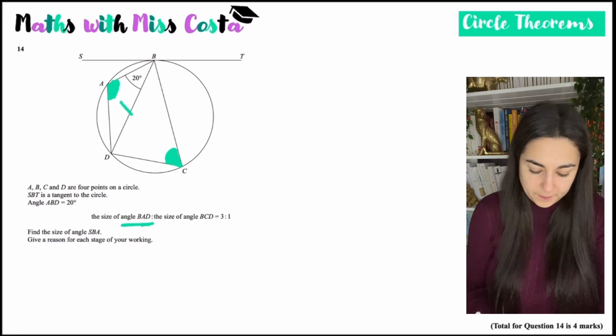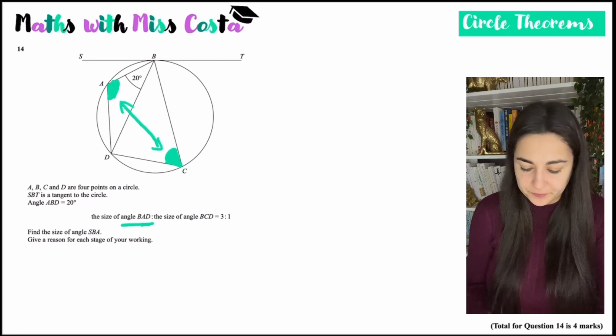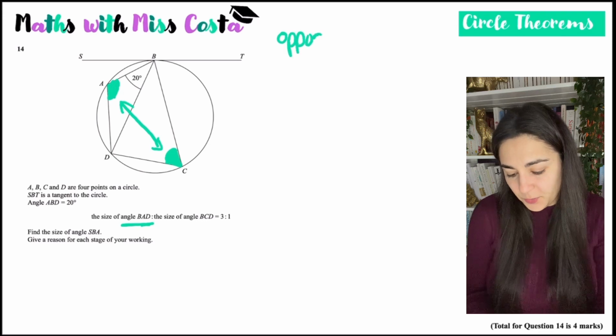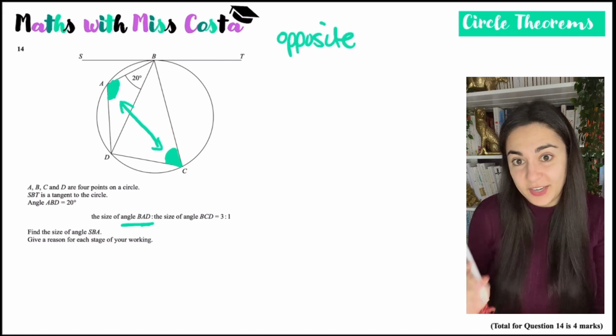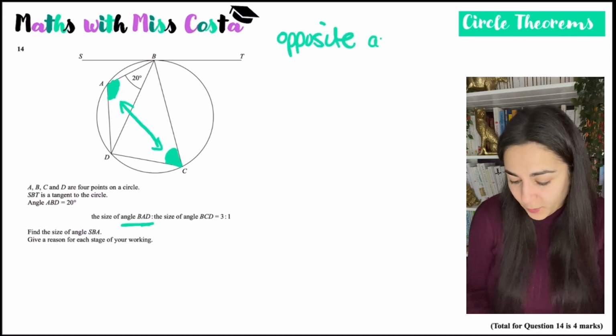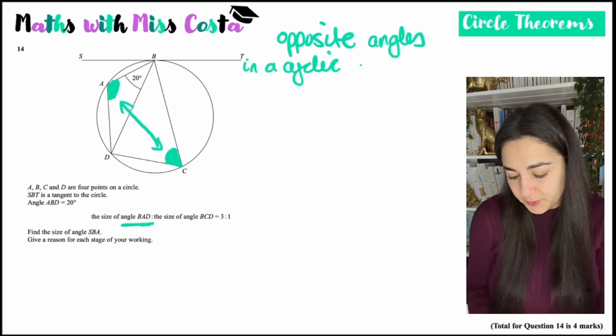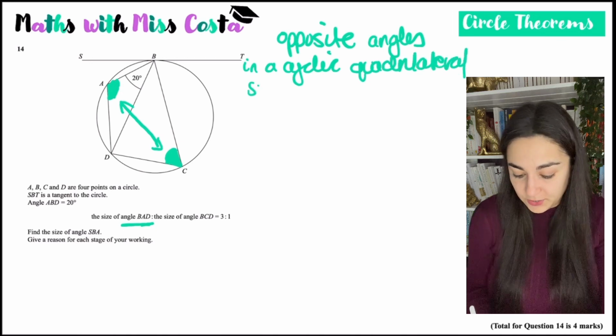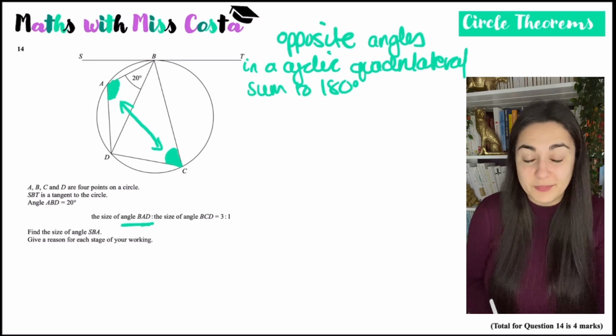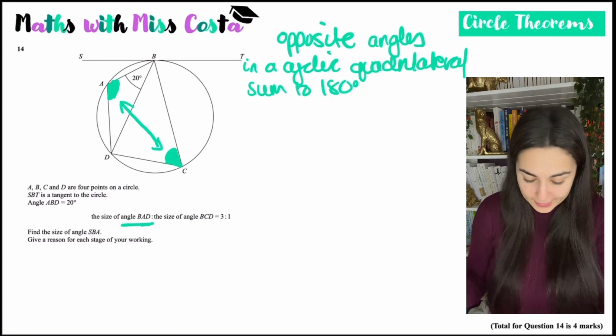Now this is important because opposite angles in a cyclic quadrilateral add to 180 degrees. So this is a really good piece of information that we've been given. If we know that, and we know they're in a given ratio, we can just work that out.